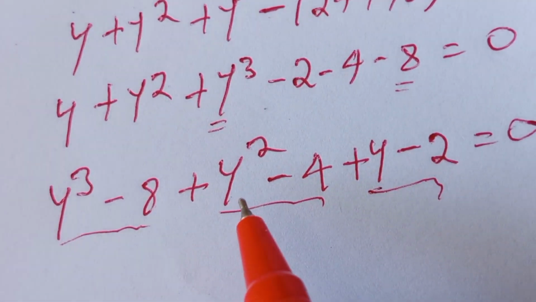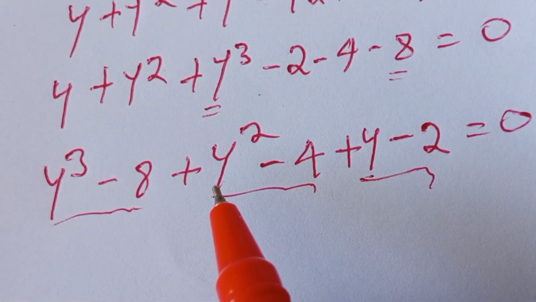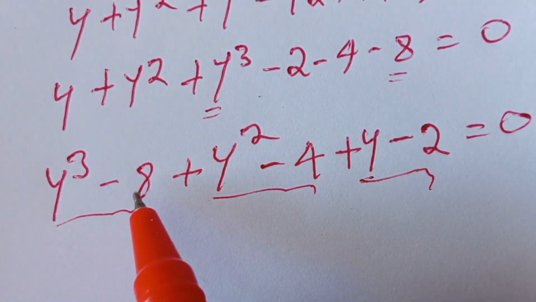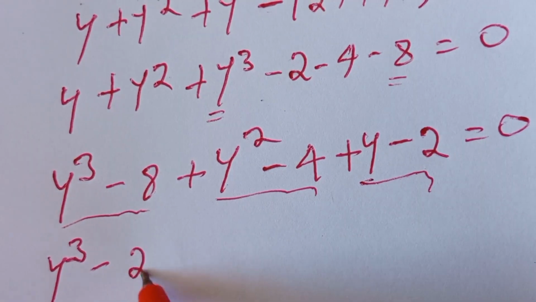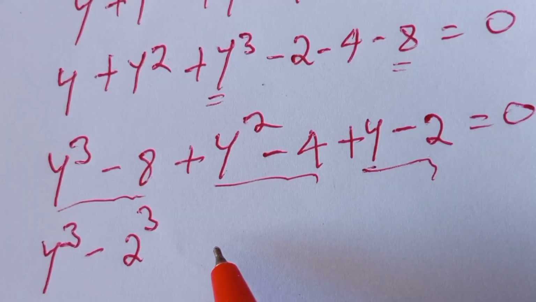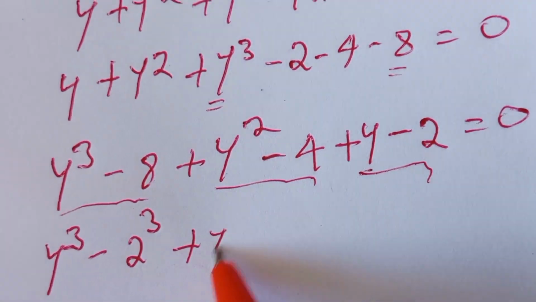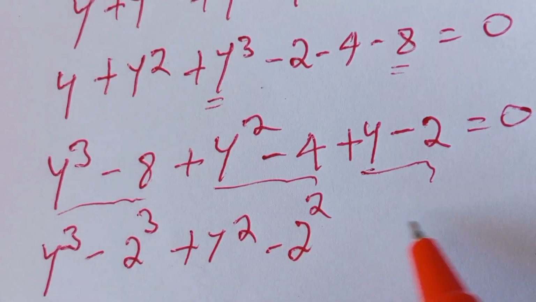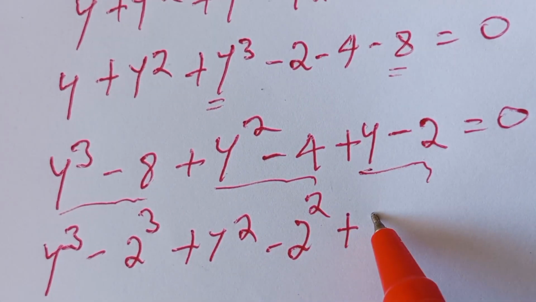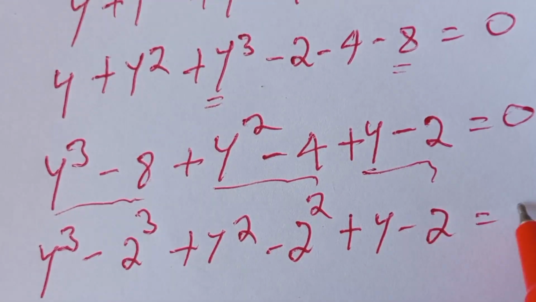Now what does this mean? Y cubed minus 2 cubed, plus y squared minus 2 squared, plus y minus 2, which is equal to 0.